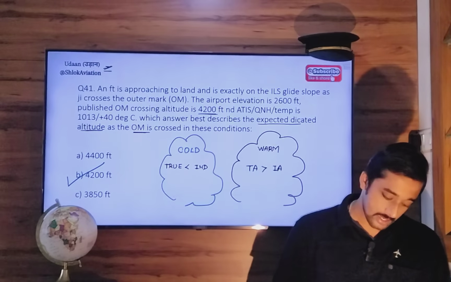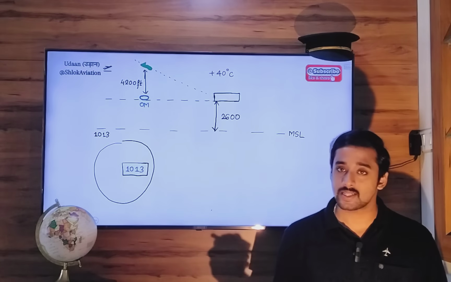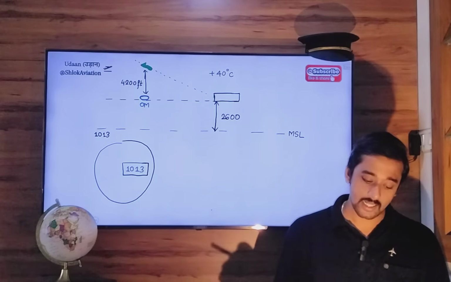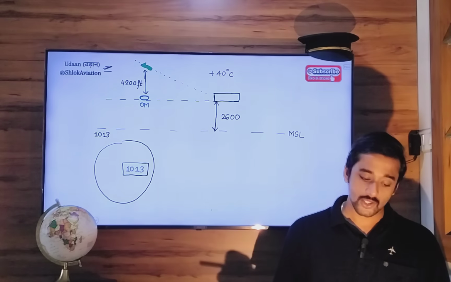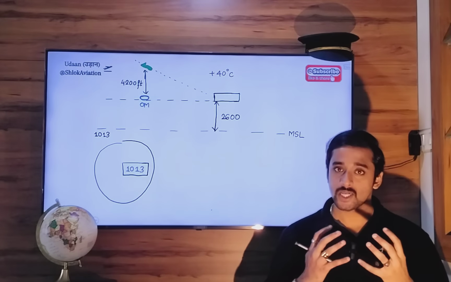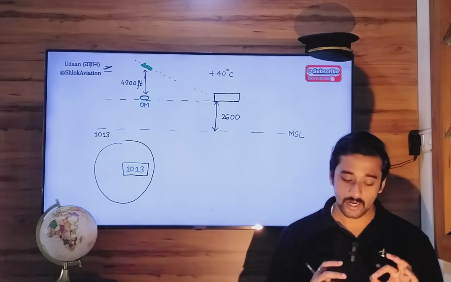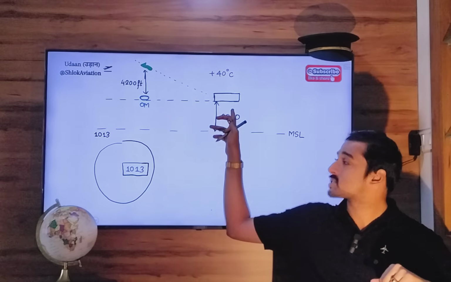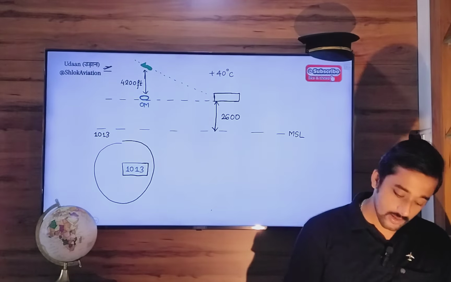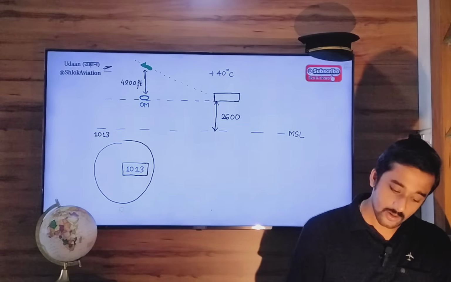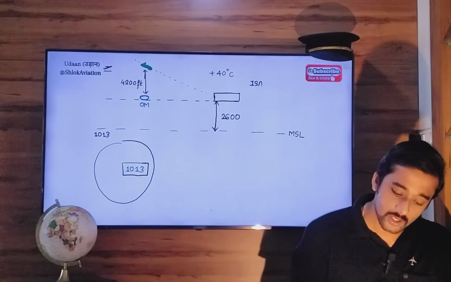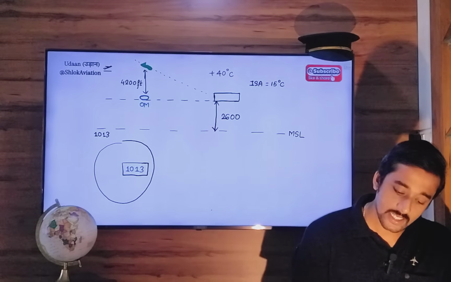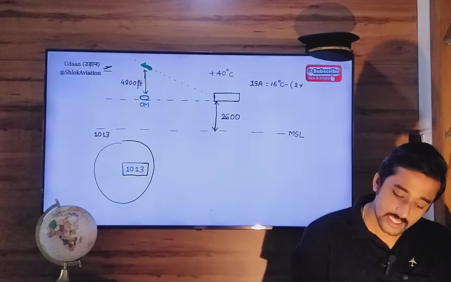So let's say in this case you're flying at 40 degrees Celsius. The ambient temperature or outside air temperature here is 40 degrees Celsius at 2,600 feet. So at 2,600 feet, ISA temperature is expected to be 15 degrees Celsius minus 2 into 2.6.